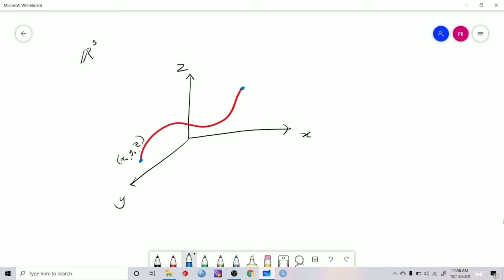For this point, we have (xn, yn, zn), and for the point in between, let's have (xk, yk, zk).